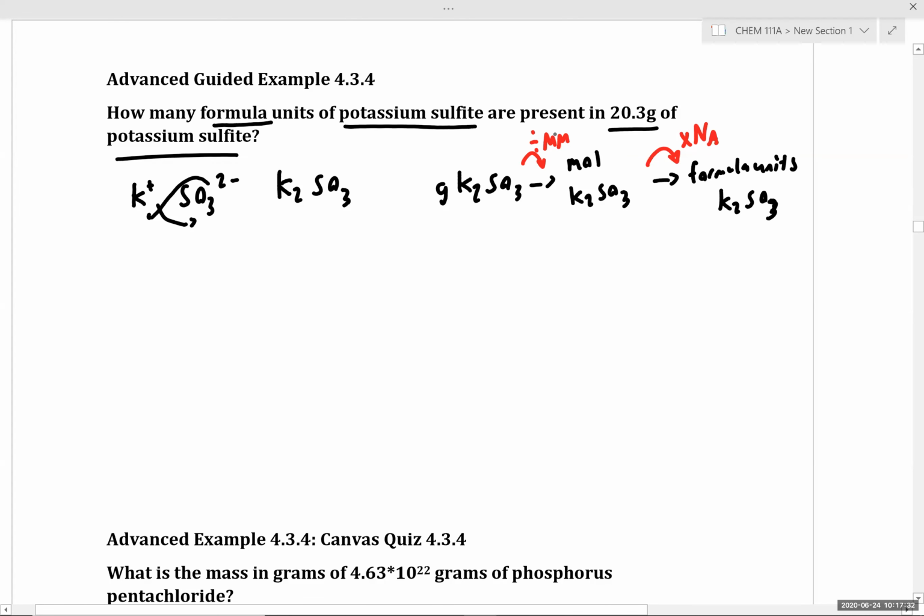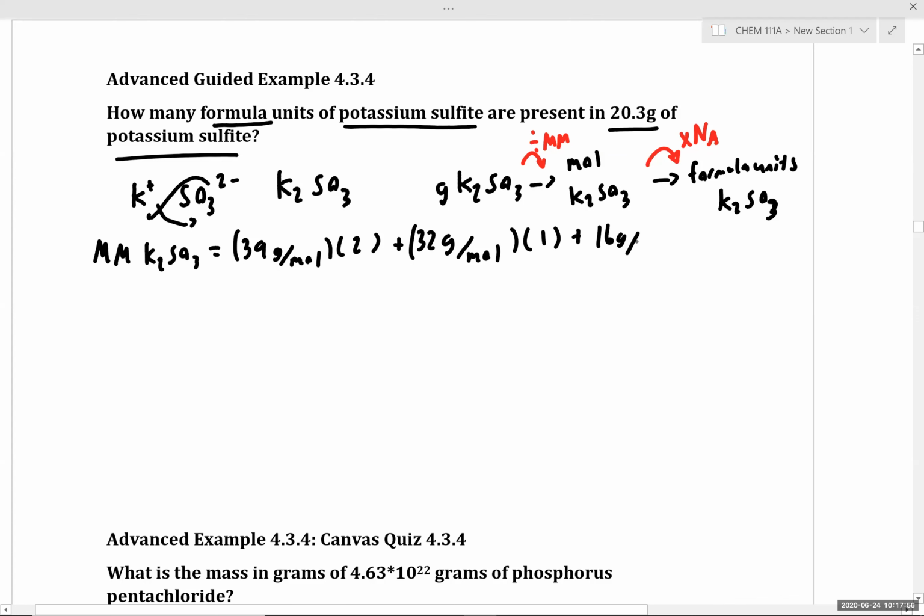Now, since we need the molar mass, let's just quickly figure out the molar mass of potassium sulfite. Potassium has a molar mass of 39 gram per mole. We have 2 potassium atoms. Sulfur has a molar mass of 32 gram per mole. We have 1 sulfur atom.